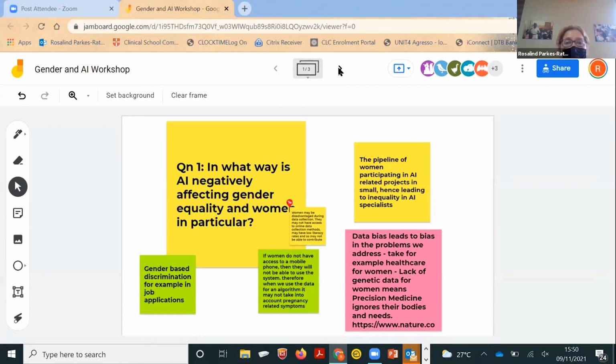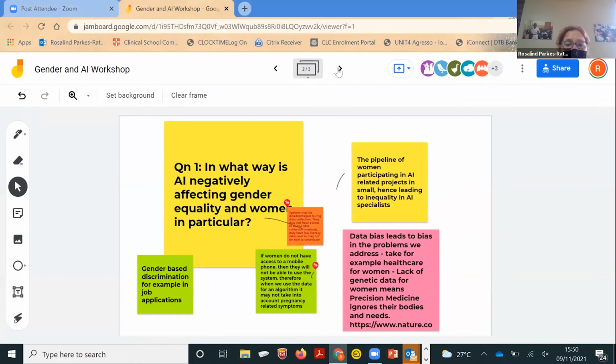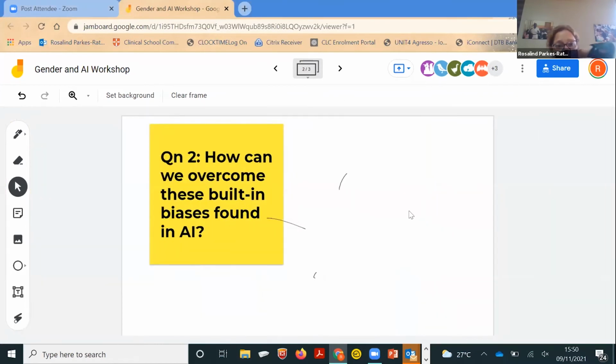Okay, so that's great. So on to the next one. So the question is, so what do we do about this? How can we make our data sets unbiased? What are the actual practical things? We talked about datasheets, but what other things can we practically think about doing?